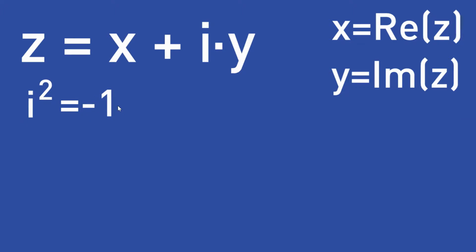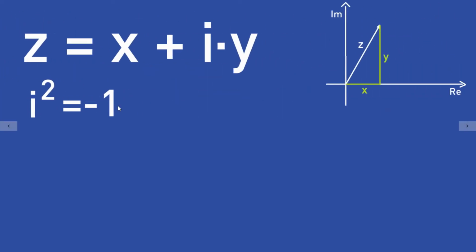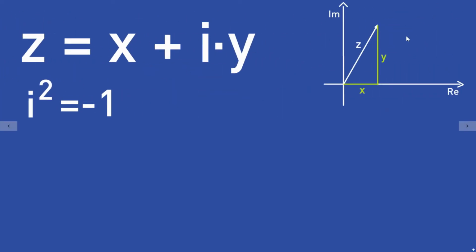You can visualize complex numbers in the complex plane like this here. So here you have the real part x, here you have the imaginary part y, and this here is the complex number z visualized in the complex plane. You can also write down complex numbers by using polar coordinates.